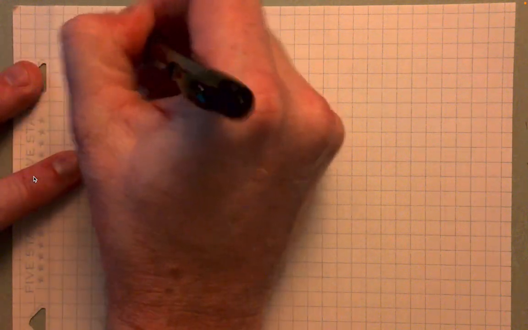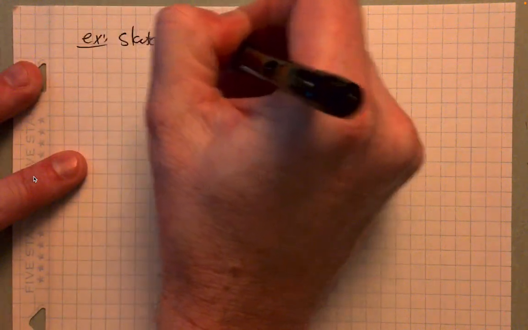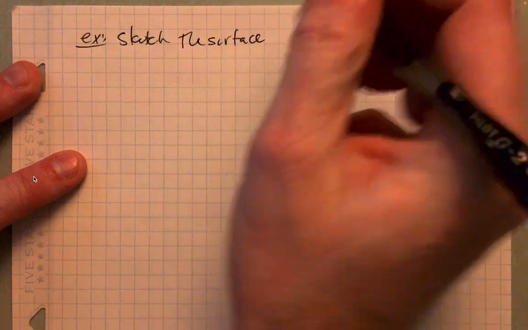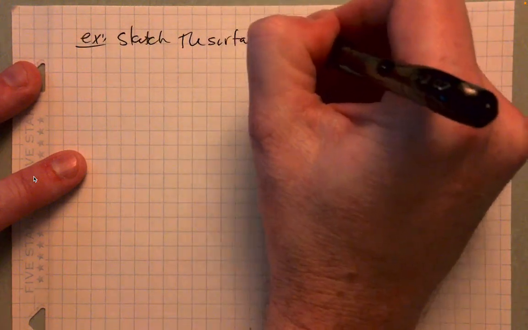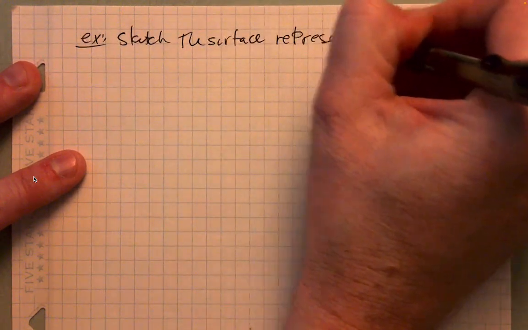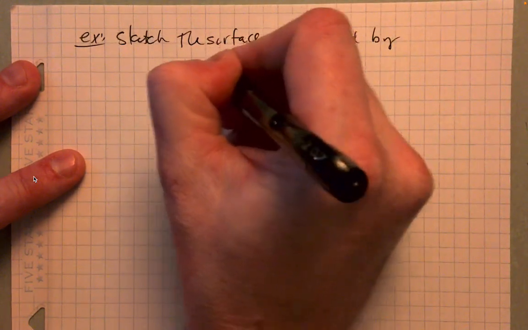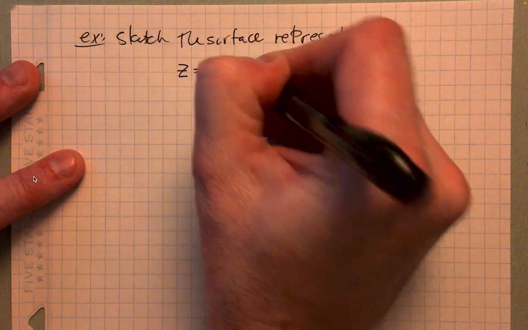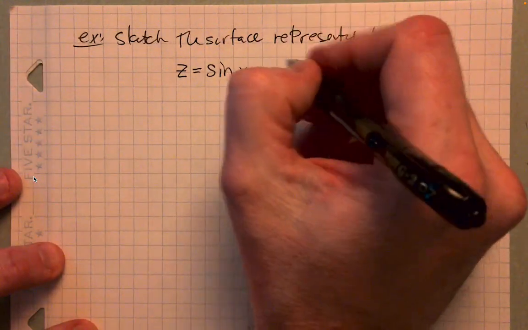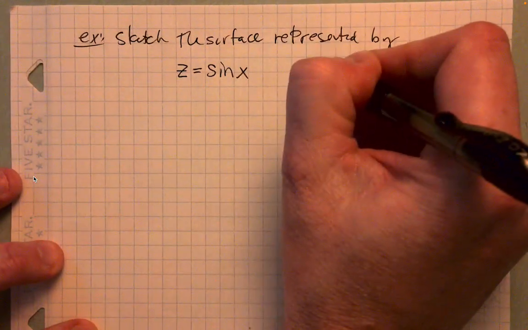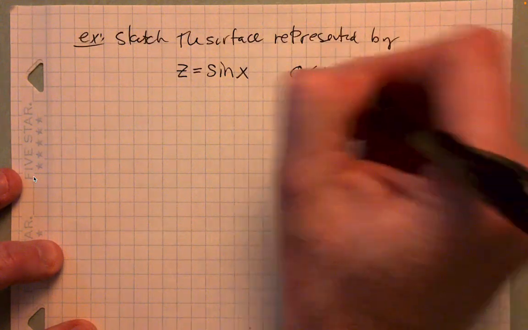Let's do another example, kind of like that one. Let's sketch the surface represented by, in this case, z equals sine of x, where 0 is less than or equal to x, which is less than or equal to 2 pi.